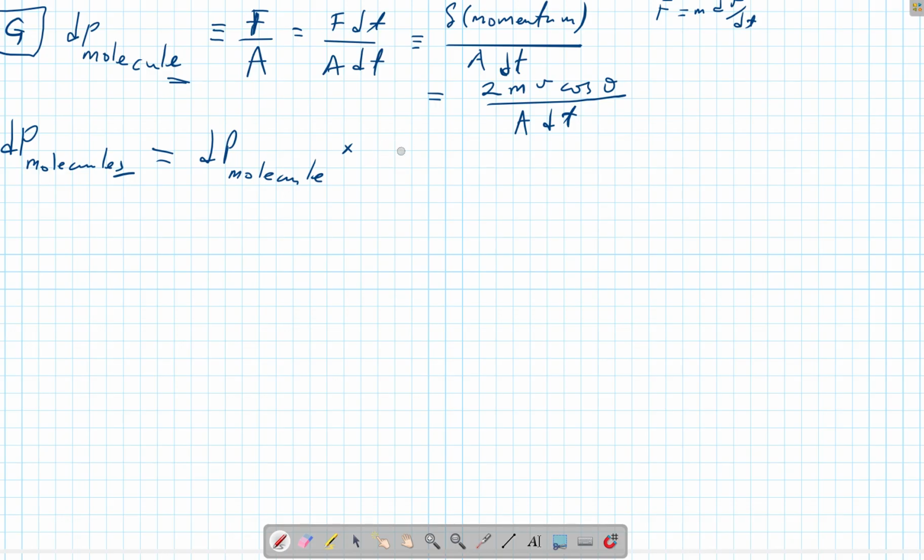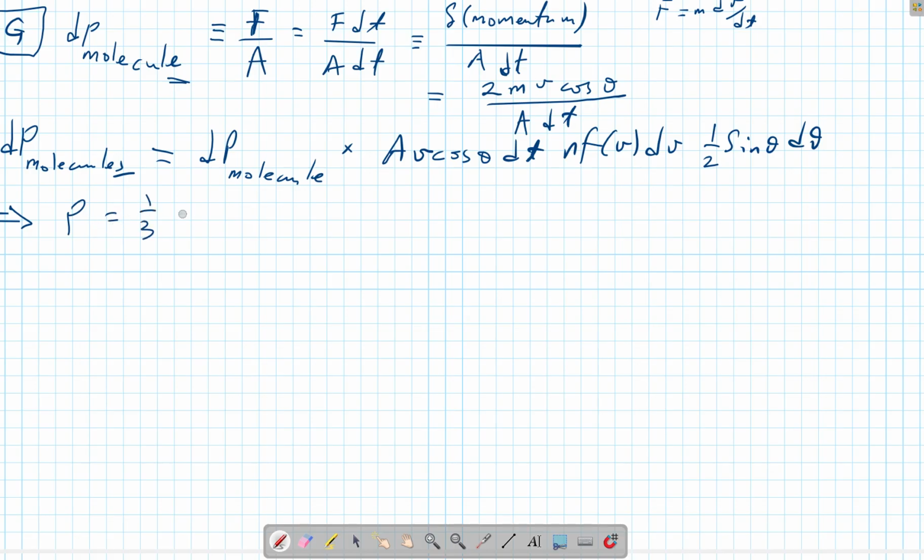We computed such a number of molecules as A v cos theta dt, and f of v dv times 1 over 2 sine theta d theta. If you do the substitution, we know what the P from a single molecule is, and if we integrate over theta and dv, the A and dt are going to cancel. We're going to obtain an expression for pressure, which we have done.